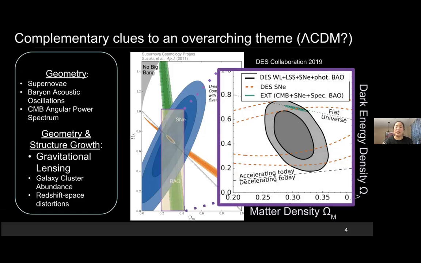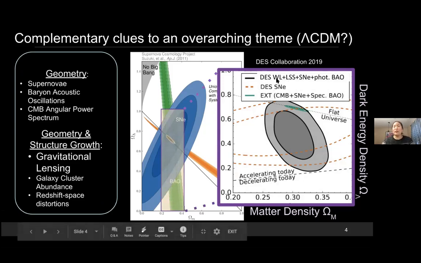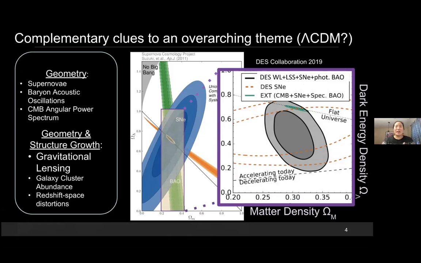And now this is a couple years old, but it's combining the weak gravitational lensing plus large scale structure measurements plus supernovae and photometric BAO. And various of you in the audience, I think, have worked on different aspects of this.